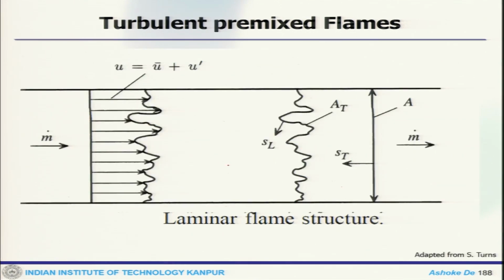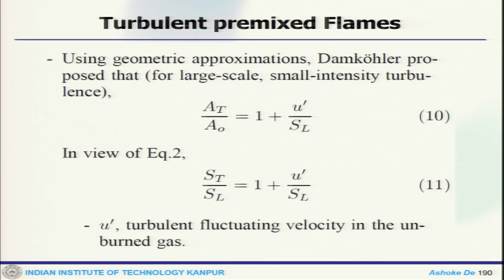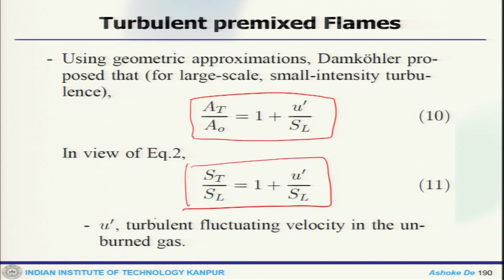We are equating the mass flux coming in to what is going out, and using that, ST by SL is proportional to the area ratio. Using the geometric approximation, Damköhler proposed that ST by SL would be 1 plus u prime by SL. This is a very important correlation.